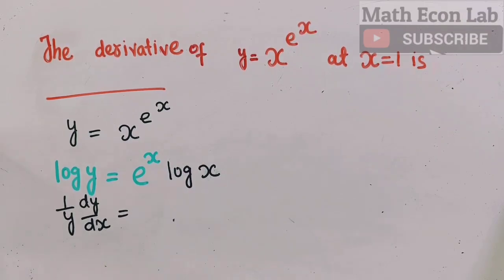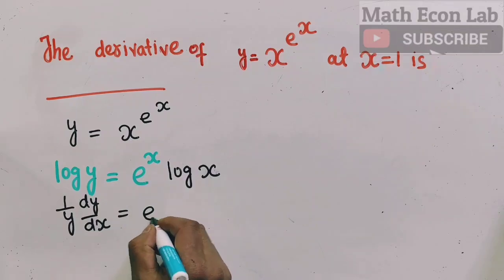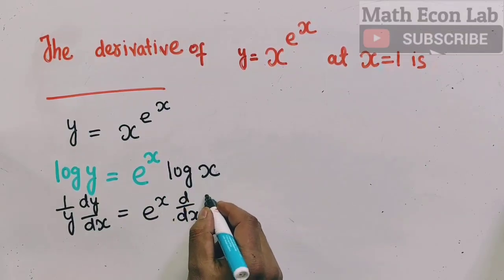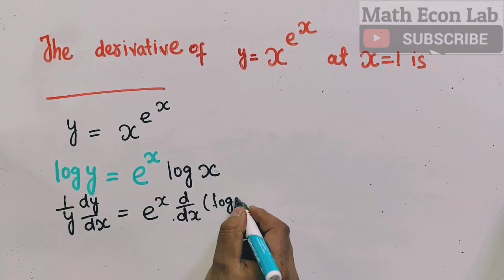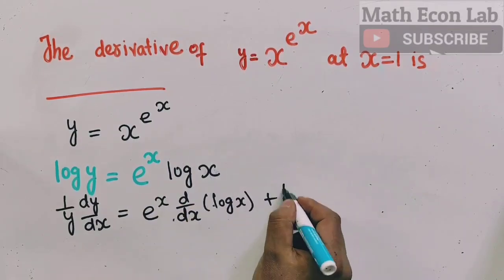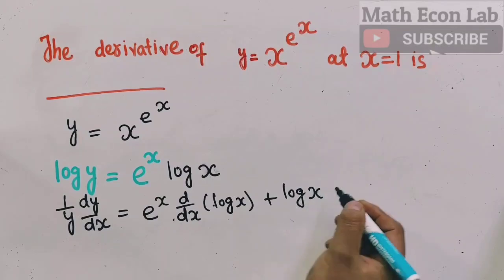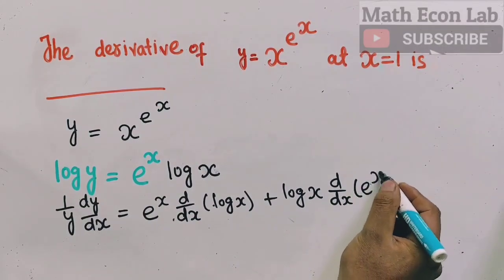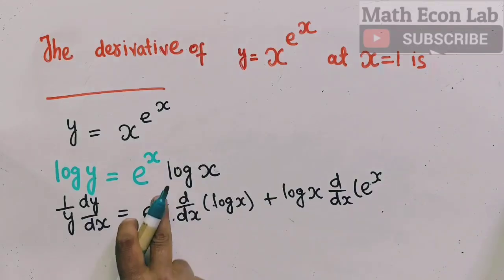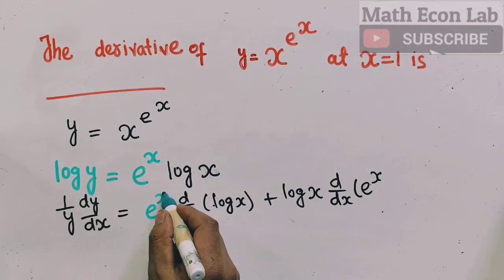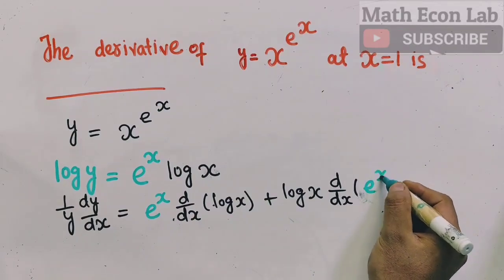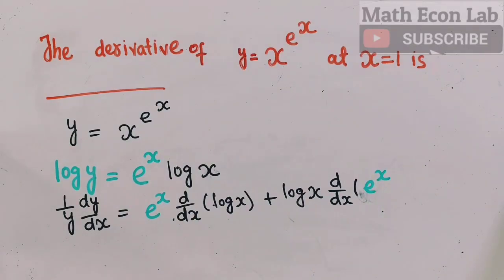Now on the right hand side we apply the product rule, that is, we write the first function e raised to the power x and take the derivative of the second function, which is log of x, plus then we write the second function log of x and take the derivative of the first function, which is e raised to the power x.